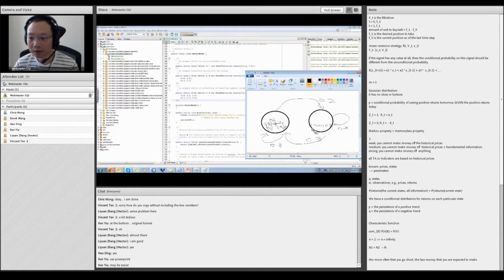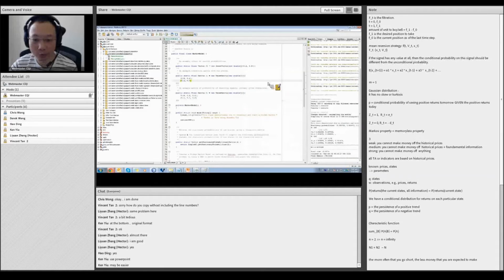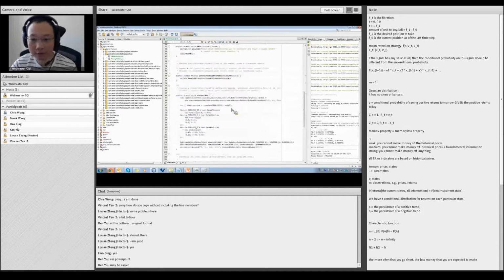So the first thing that we need to do is a simulation of this Markov chain. Basically, a Markov chain is just a random number generator. The way you see it as a random number generator is this: you randomly end up in one state, and then you pick an observation. Let's say you end up in this state, you have 80% chance to pick omega 1. Then at the next time step, you can either stay in this state, or with 20% probability go to the other state.